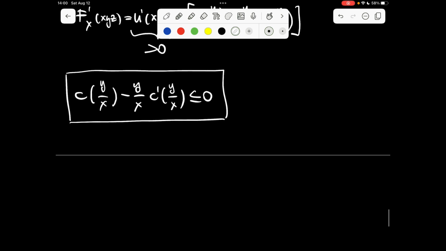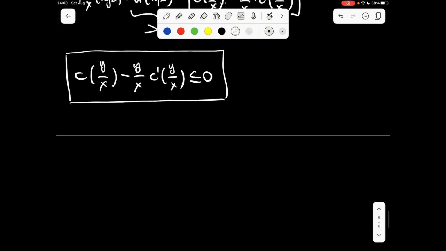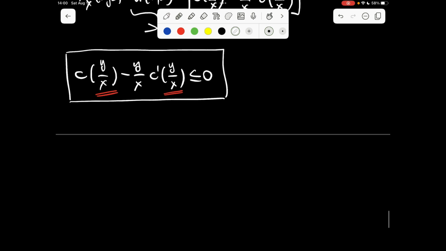in x. How to do this? The problem is cost function c is defined on the ratio of y and x, so we need to be very cautious. Let y be set at a certain level.